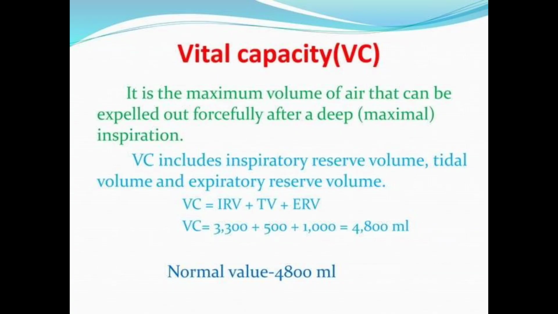Overall, it is the ability of the lungs. So inspiratory reserve volume 3300, tidal volume 500 and expiratory reserve volume 1000. The normal volume is 4800 ml. This is the vital capacity.